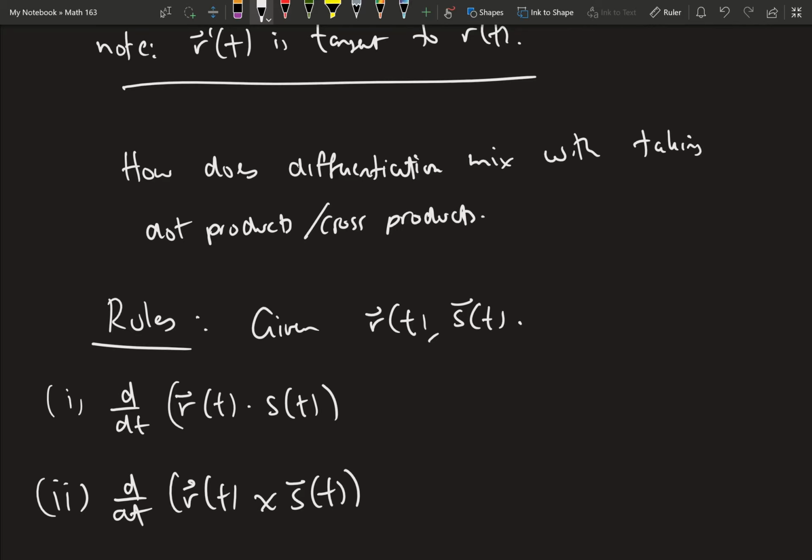And it turns out that this works out to be exactly what you would think it is using the product rule. So the first becomes r prime of t dot s of t plus r of t dot s prime of t.